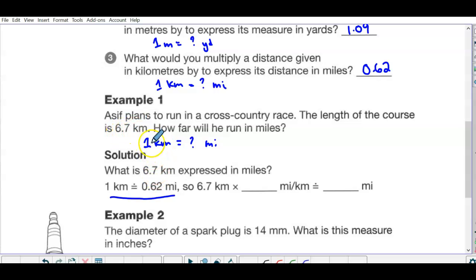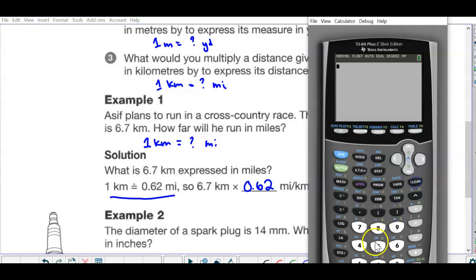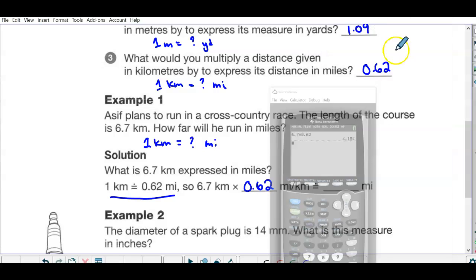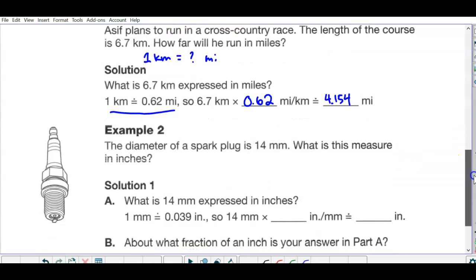If 1 kilometer is 0.62 and I've got 6.7 of them, I want to multiply. So 6.7 times 0.62. And again, you don't have to show the units within your calculations, just at the end. So 6.7 times 0.62 is 4.154. Again, you could round that, but it didn't ask you, so we'll just leave it.